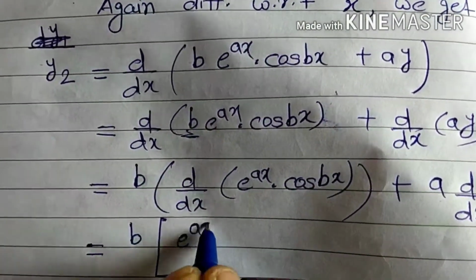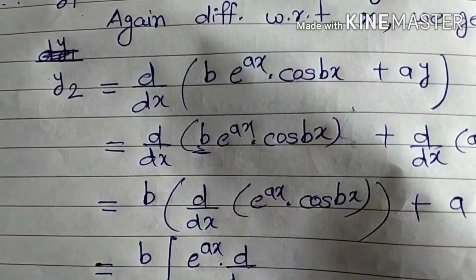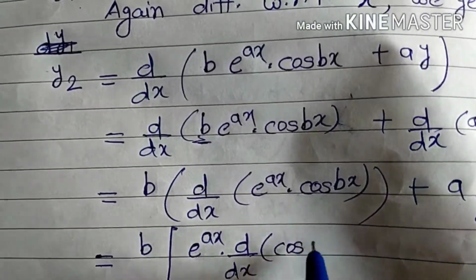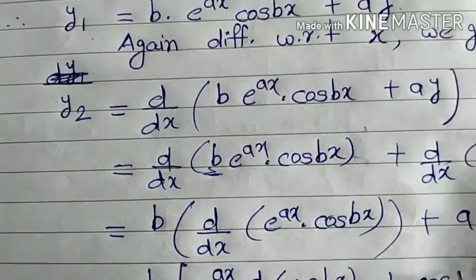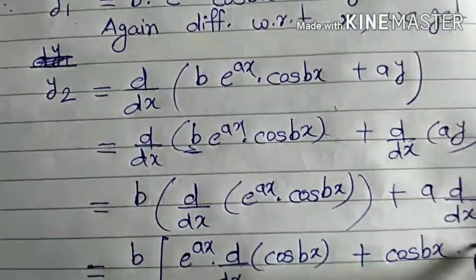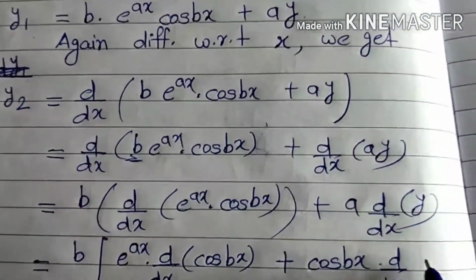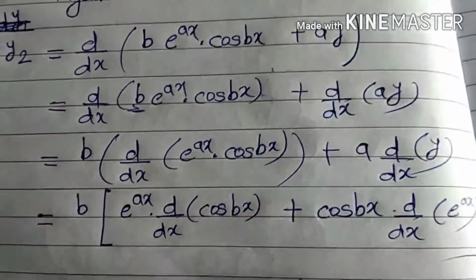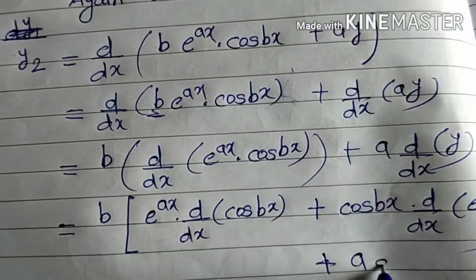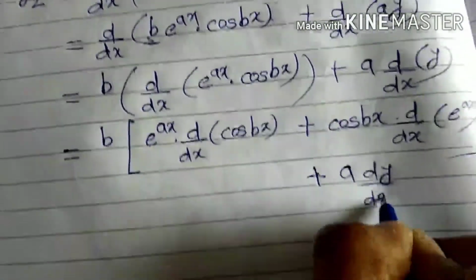First function as it is, derivative of cos bx, plus cos bx as it is, derivative of e raised to ax, bracket complete, and plus a as it is dy by dx.